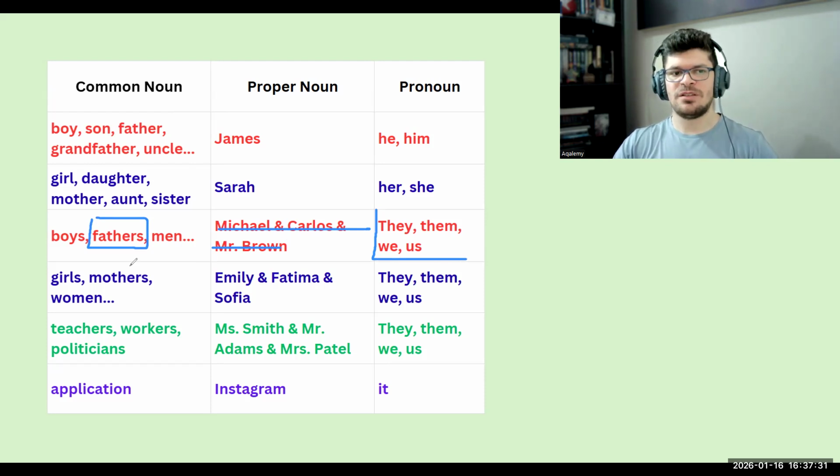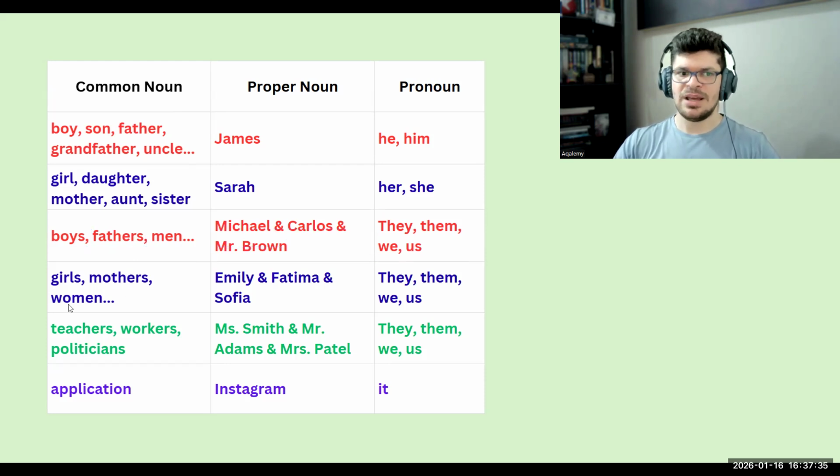Same situation for female, girls, mothers, women. Let's talk about maybe women. This is plural. If you want singular, we put a woman. We talk about maybe, let's say we use mothers as example.